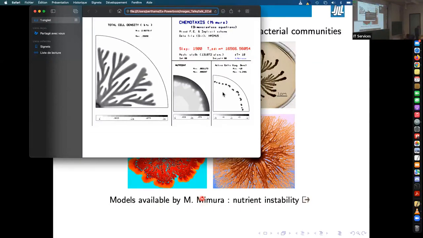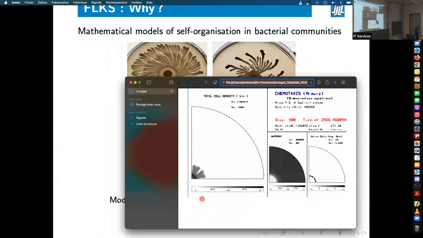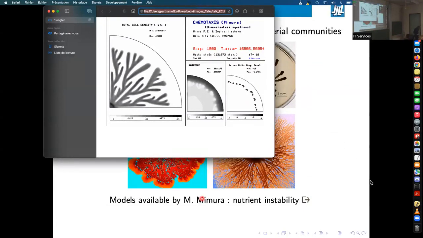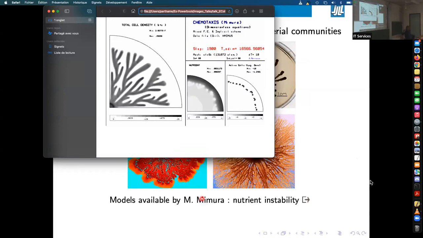This is an example of what you see in a parabolic equation. This is the solution of a parabolic system. Just to tell you that the parabolic system can be very, very strange. These are solutions of parabolic equations, which is a model by the late Professor Mimura, who proposed this parabolic equation for this.